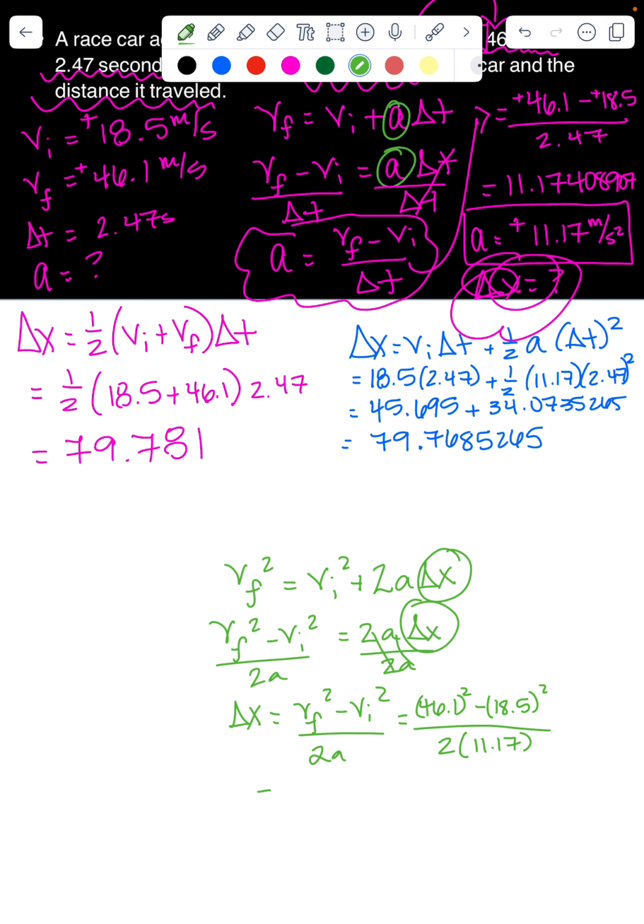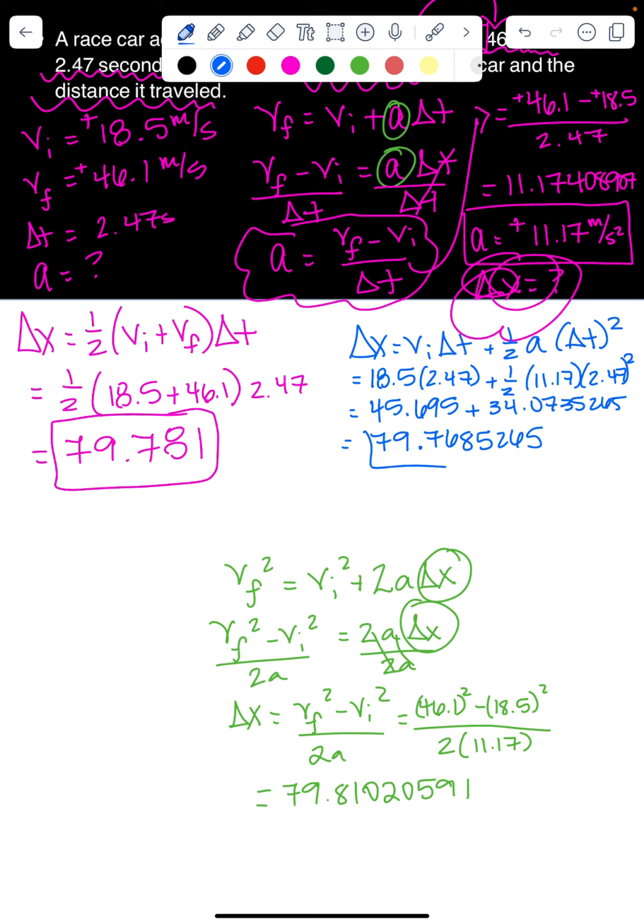We're going to take this piece by piece: 46.1 squared, 18.5 squared, divided by 2 times 11.17. We should get 79.81020591.